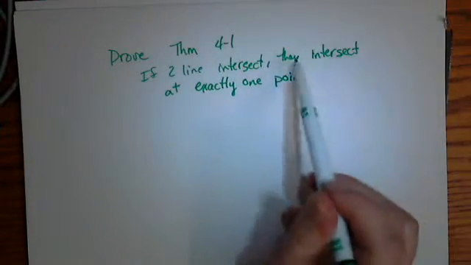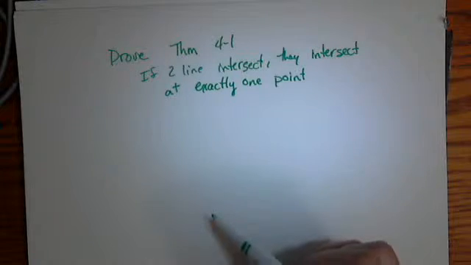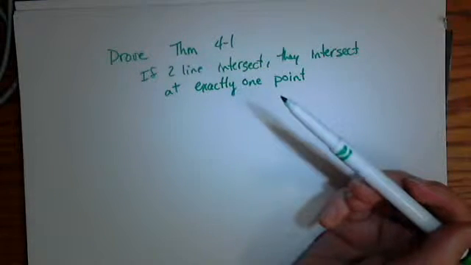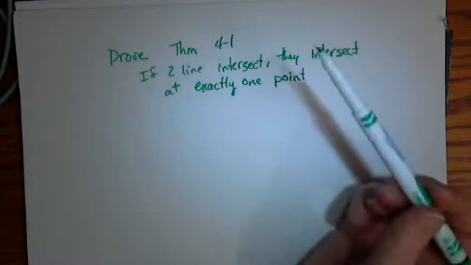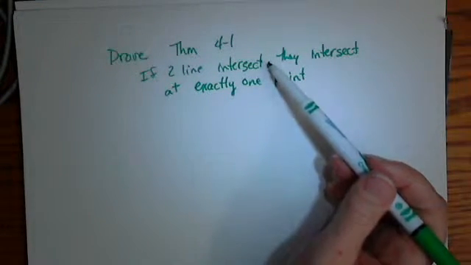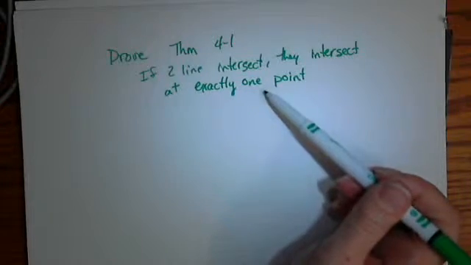So we're going to prove that they intersect at exactly 1 point. Our assumption is going to be that they intersect at more than 1 point, because if they intersect at all, they have to be at least 1 point.